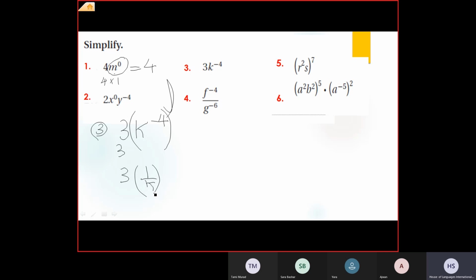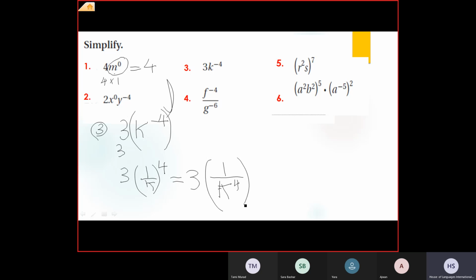What is the opposite of negative 4? That's 4. Then 1 to the power 4. What does it mean? 1 times 1 times 1 times 1, which is? And k to the power 4, this is a variable, no need to find it, so keep it. K to the power 4.